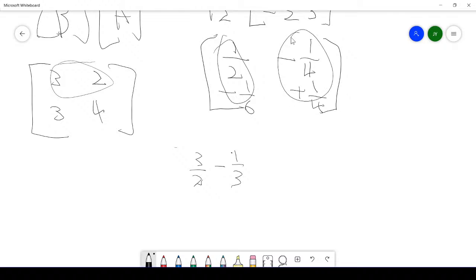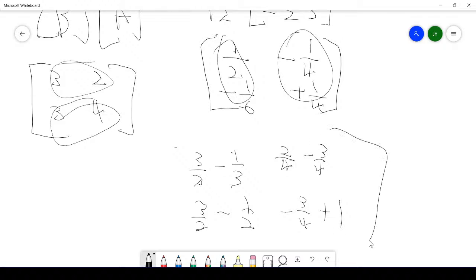And here, 2 over 4 minus 3 over 4. It's 3 over 2 minus 1 half. Negative 3 over 4 plus 1. And that's essentially what you need to do when you need to divide the matrix B by A. You need to find the inverse of the matrix and multiply it to the original matrix.